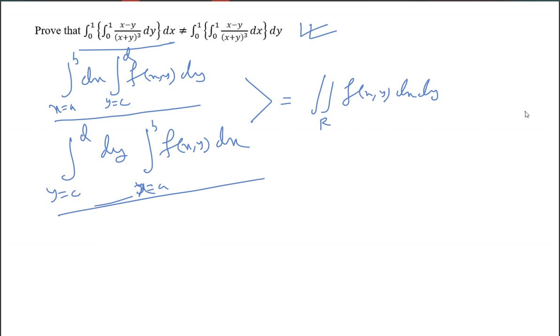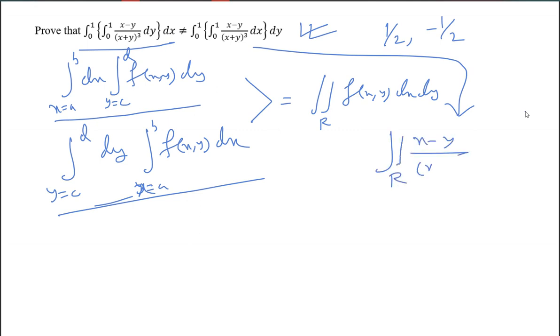Then you will get two different values differing by sign. If I remember, one value will be 1 by 2, another value will be minus 1 by 2. So in that case we can say the integration over this region of (x minus y) by (x plus y) whole cube dx dy does not exist.